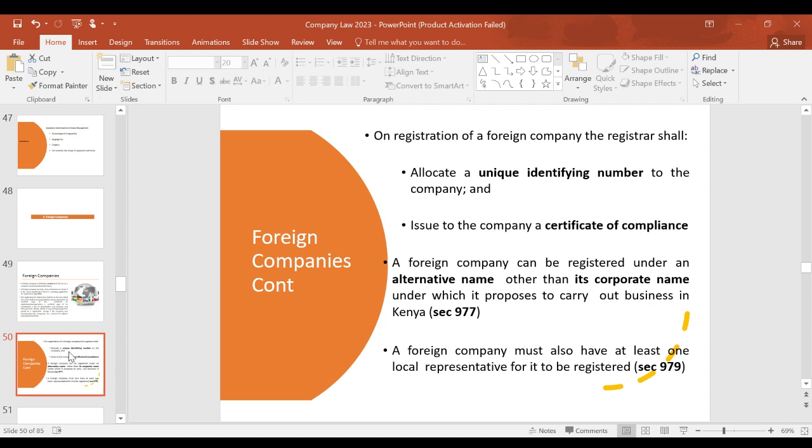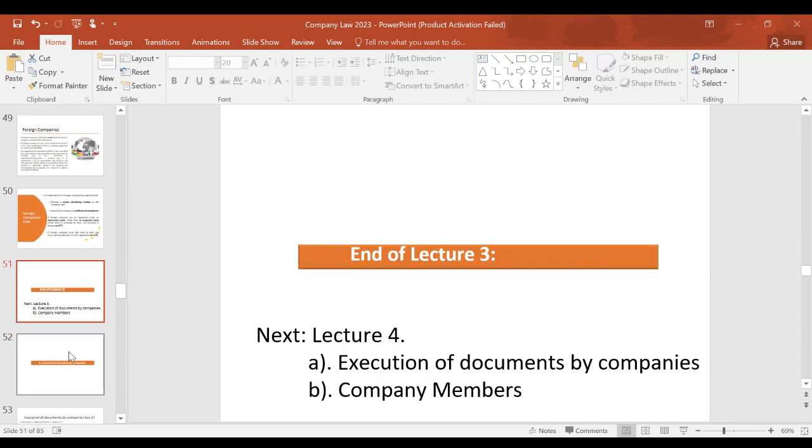So let's say Diageo UK owns maybe 60% of Diageo Kenya Limited. And if so, at least one representative of that company must be a natural person. We cannot only have the Diageo company being the official representative of this foreign company being registered. So we must have at least a natural person acting as a representative of that company during the registration. So that's it for today.